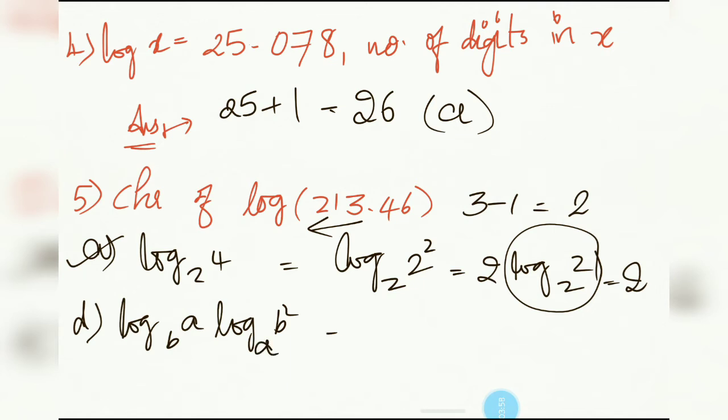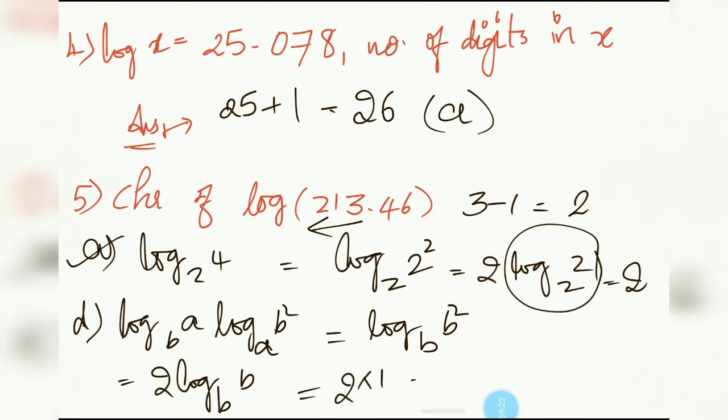So log B square to the base B, this is going to be right, because A and A will vanish. Now this 2 is the power, right? So it will come before log. So it is going to be 2 log B to the base B. Now same number, same base, it is going to be 1. So 2 into 1 is nothing but 2. So 2 for both. So A and D are the right options. So fifth answers are A and D.